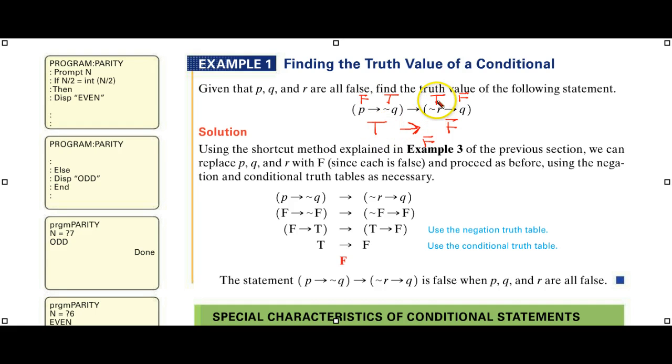And if we have true yields false, that is false from our table. And then we end up with true yields false, and according to the little table I'm holding in my hand, that indicates false. Now, I don't know if you're going to memorize this or not. I might be able to in the future, but I'm using my little index card in which I've written the truth table.